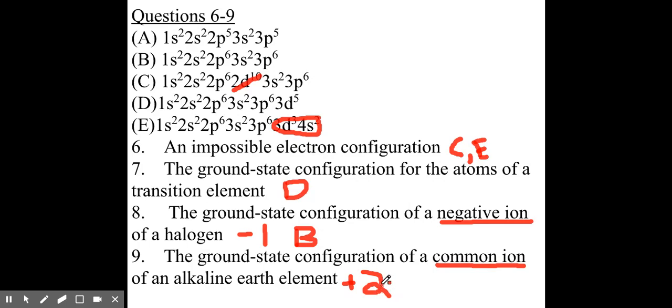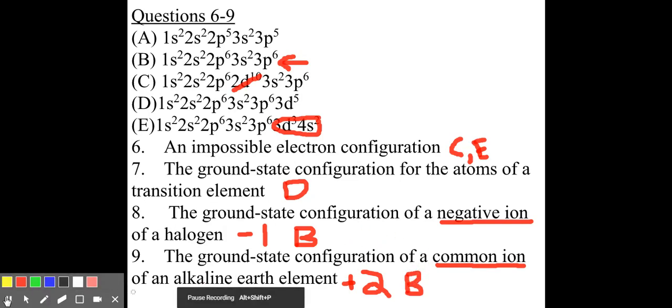So that means we need to remove 2 negative charges, and so we need to remove 2 electrons. When we do that, we also get B right here. So the answer to number 9 is B. It's a little tricky because I did not say that you had to use every one of them, or that you couldn't use one twice. So those are the answers.